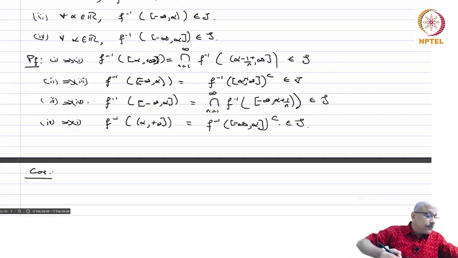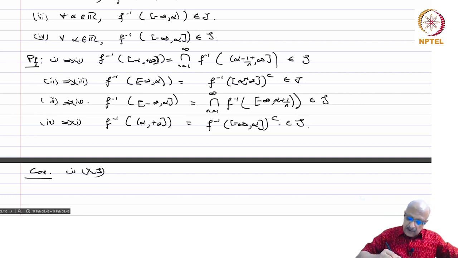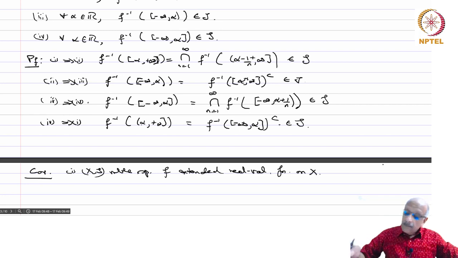Corollary: one, let (X, S) be a measurable space and f an extended real valued function which is measurable.